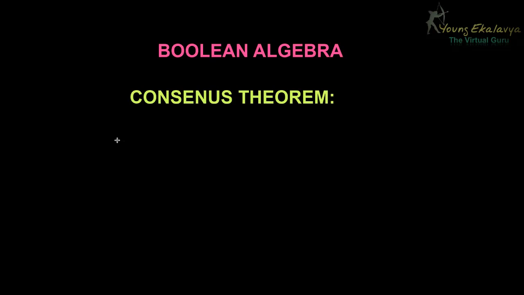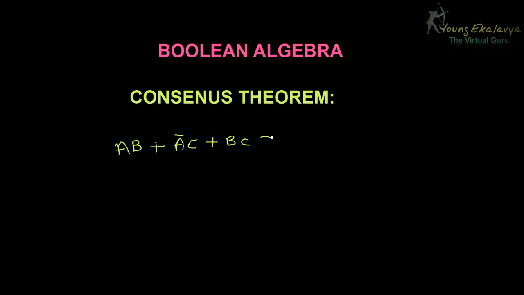So now we will take a Boolean expression, that is AB or A bar C plus BC.